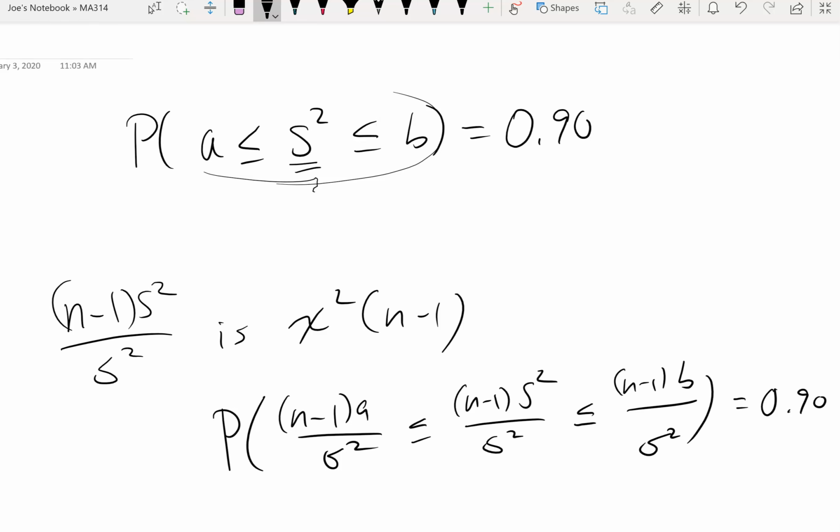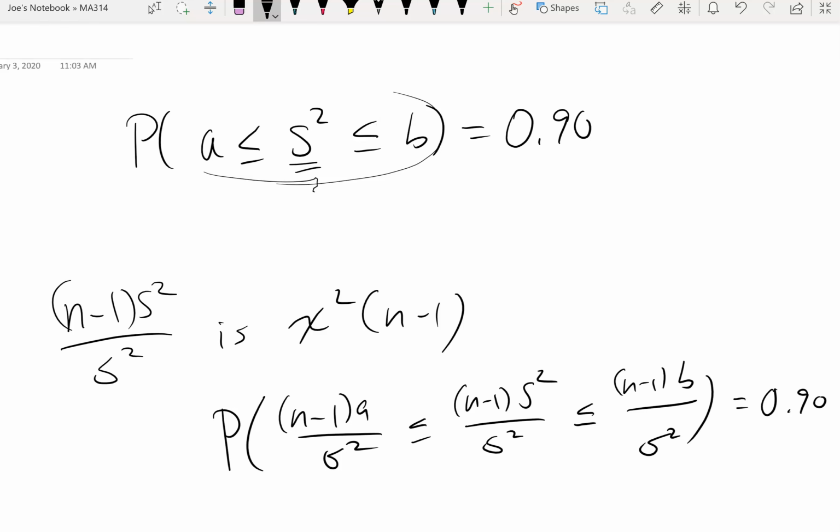But this one you can read from the table, because I think there's only two things in the table that will subtract and give you 0.9. Like we had an example like that in class, right? Yeah, you pick those two values out, and then you'll have to solve for A and B from there.